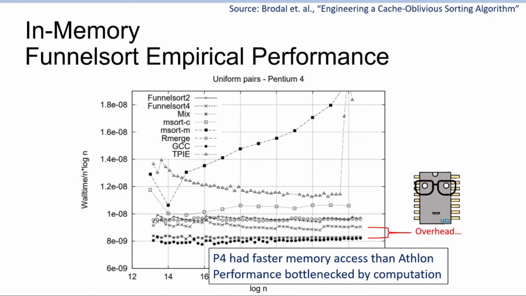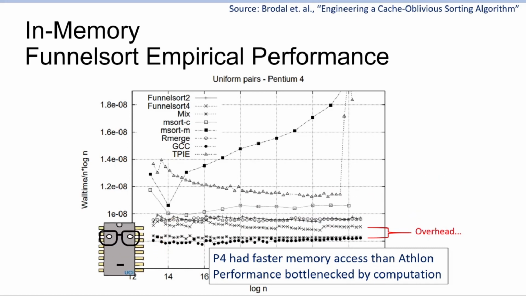In this machine, the Pentium 4 machine, the off-chip memory access performance in relation to the CPU computation performance was kind of higher. So even with worse cache effects, the GCC algorithm still maintains its relative performance advantage, because the performance here is not bottlenecked by the memory accesses, it's being bottlenecked by the throughput of the processor.